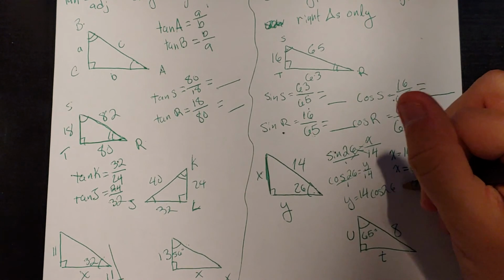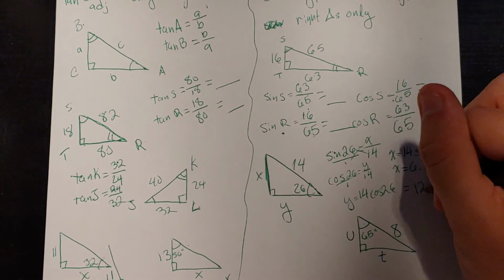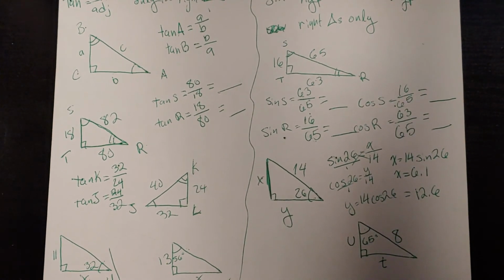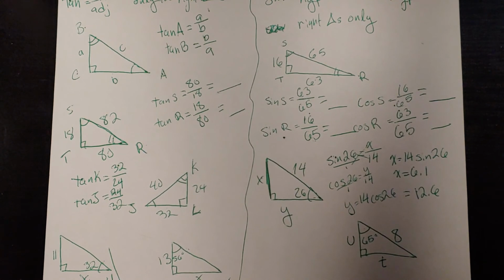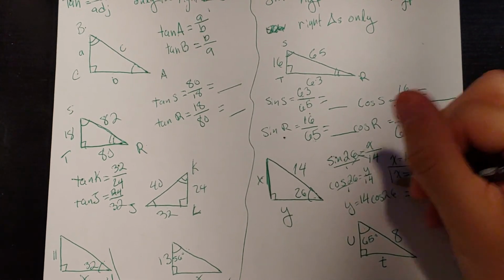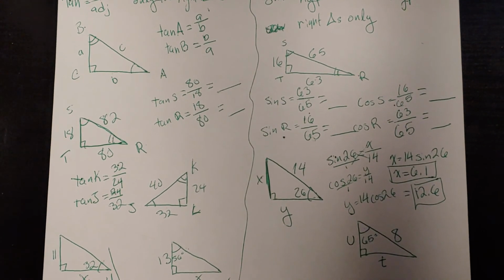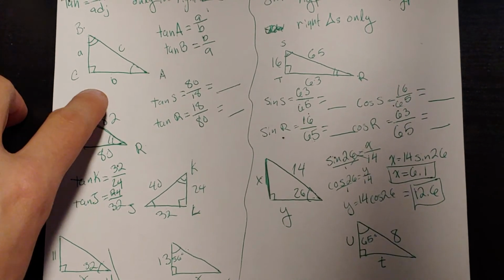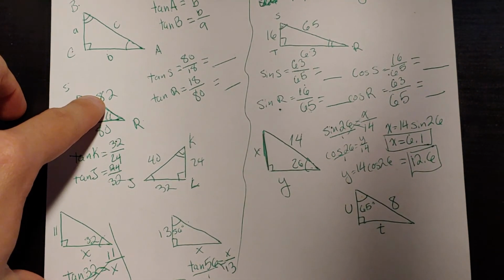Once you plug that in, we end up getting approximately 12.6. And that's it. We found our two answers, our two missing sides. We're going to do the same thing on one more example, and then you can go ahead and give the assignments a go.